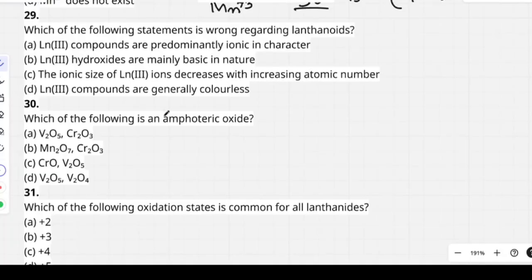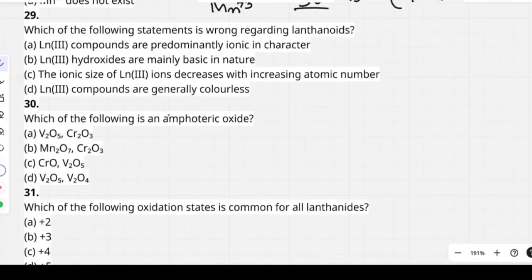Which of the following statements is wrong regarding lanthanoids? Here, lanthanoids 3+ means trivalent. Trivalent lanthanoid compounds are predominantly ionic in character. Lanthanoid 3+ hydroxides are mainly basic in nature.